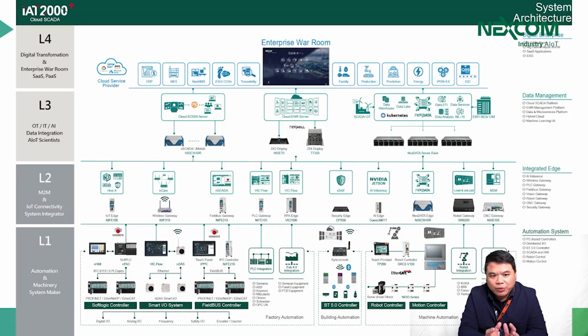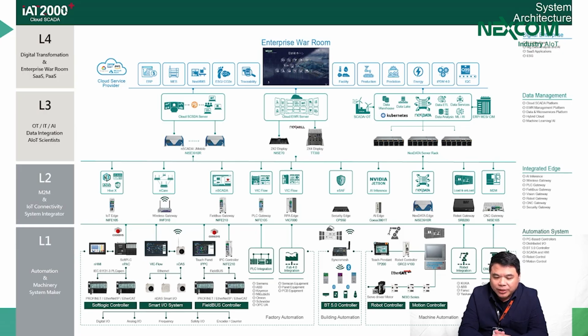This picture is the IT 2000 Plus. We have a 4-layer product line. Layer 1 is the automation products, for example nDAS, remote I/O or remote units, HMI, or controllers.